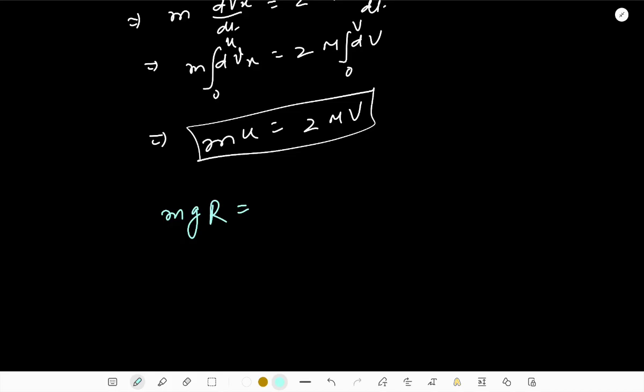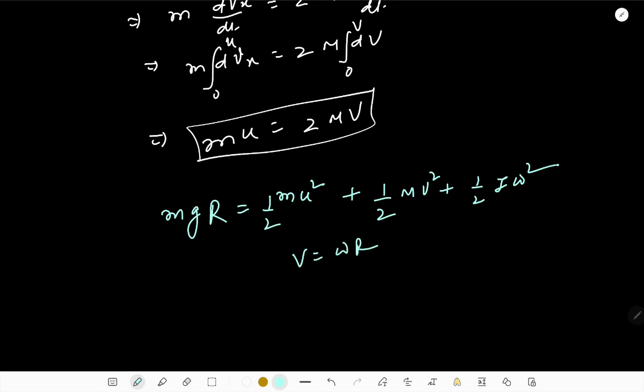There is only change in potential energy of the puck, and it is mgr, and it will be equal to the energy gained by all the entities like puck and cylinder. And the energy equation you would like to write for the puck is half mu square, and for the cylinder it is half mv square plus half I omega square. And of course omega and v are related by the equation v equals omega r, because it is purely rolling.